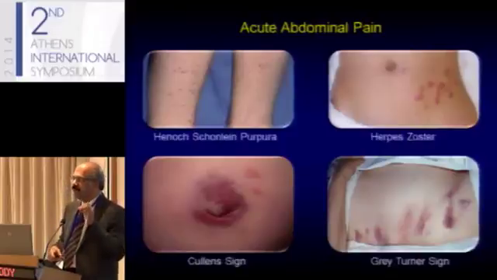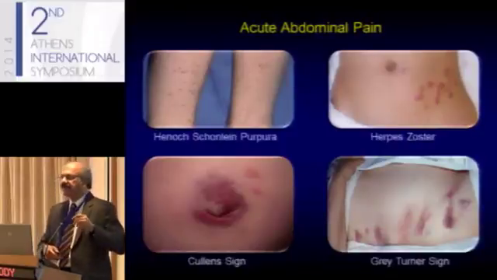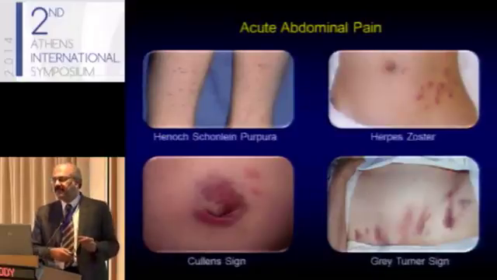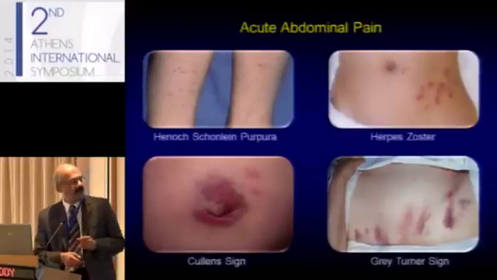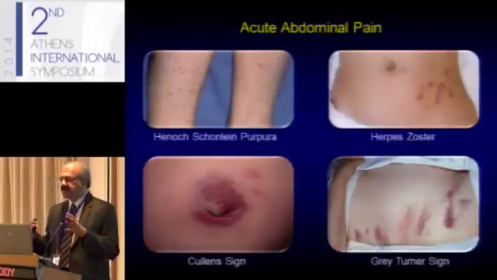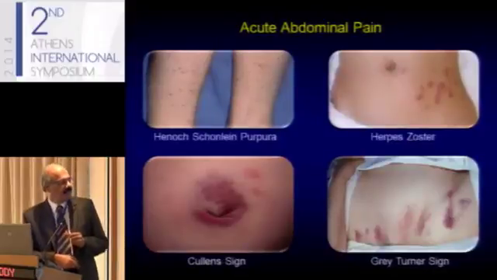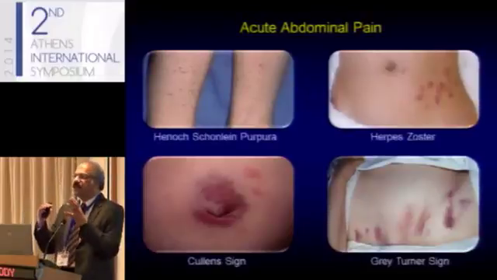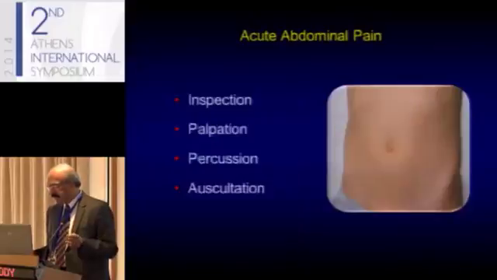Sometimes pain comes before this bullous lesion comes, and after 1 or 2 days the diagnosis is obvious. You don't have to investigate these patients because the diagnosis is very obvious. And of course the classic Cullen's sign and Grey Turner's sign in patients with acute pancreatitis, you sometimes see this very classically, and then the diagnosis is made. So visual inspection helps sometimes when these are there.